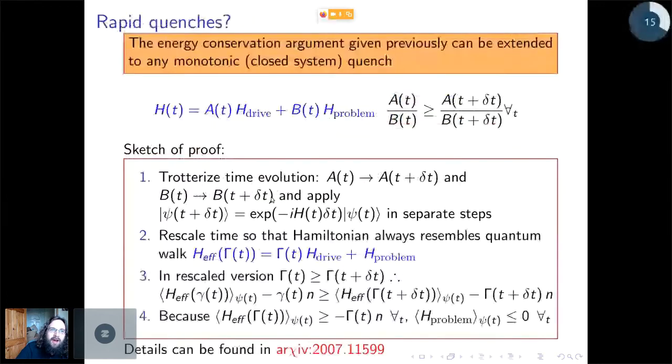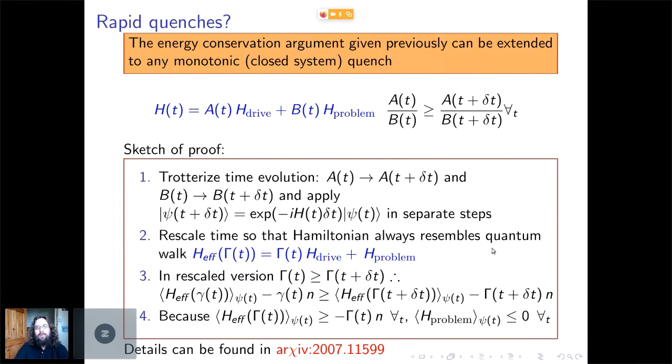But now let's think about, rather than having just a quantum walk, what happens if our Hamiltonians change in time? And specifically, what if these A and B constants, rather than just being fixed, notice now I've put a B in front of the problem rather than just having a gamma here. That's just a different way of scaling the problem. I'll switch between those throughout the talk.